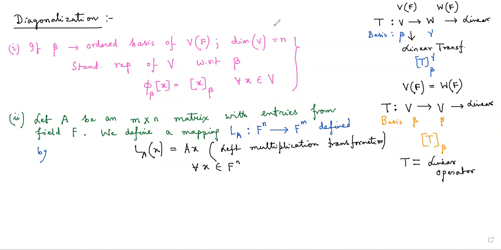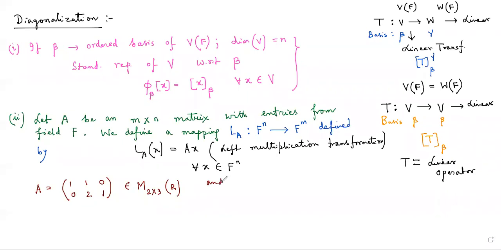A very simple problem will make you understand what I'm talking about here. Say, for example, I consider the matrix 1, 1, 0, 0, 2, 1, and you know this matrix belongs to the set of all 2 by 3 matrices, where the elements of the matrix have been chosen from the set of real numbers.